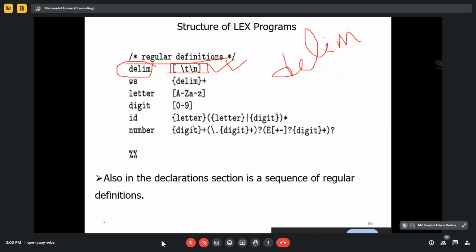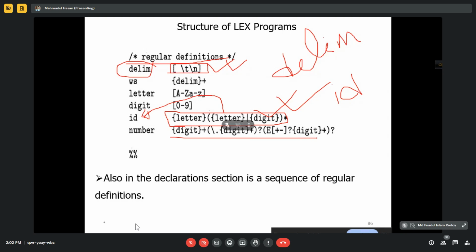Like ID: at first you need to declare that this regular expression is ID. Suppose you don't declare it and simply write ID; it will be treated as wrong, because it will not understand what ID means. ID means this regular expression, and number means this regular expression.